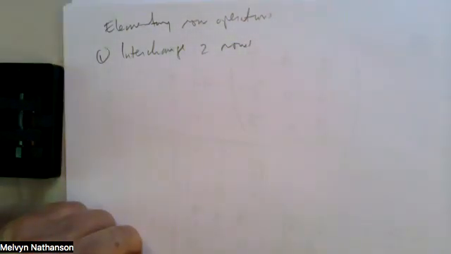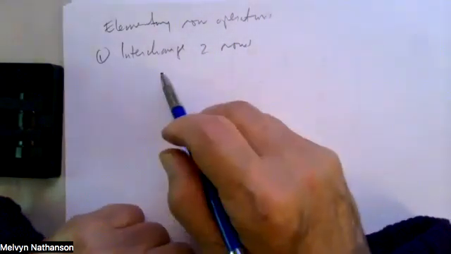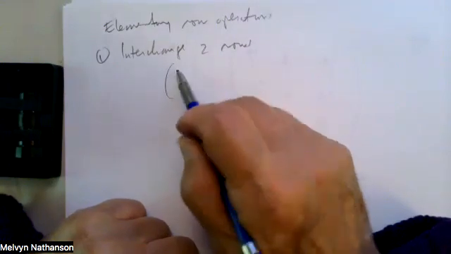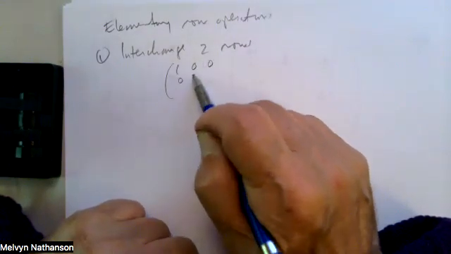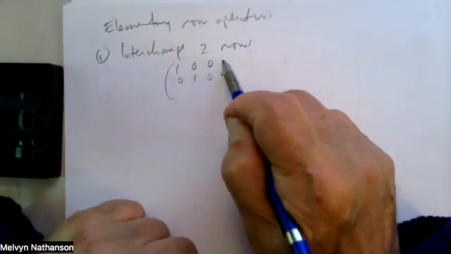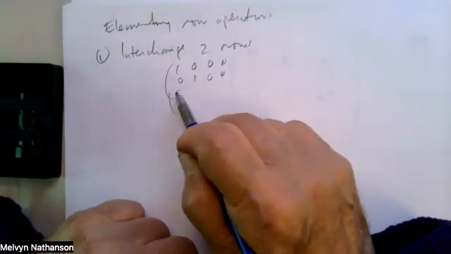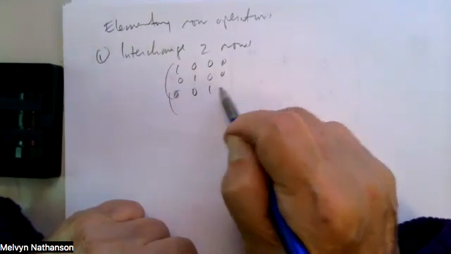So suppose I take the identity matrix. I'm just using a 4x4 as an example.